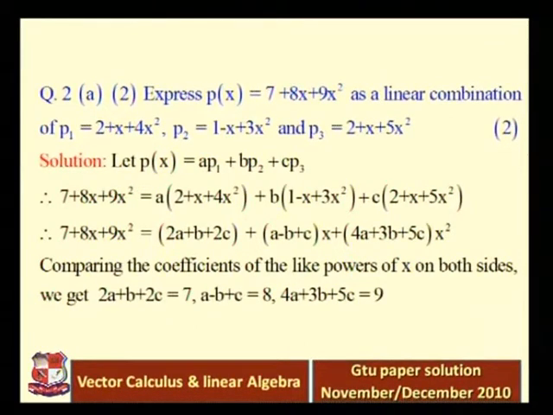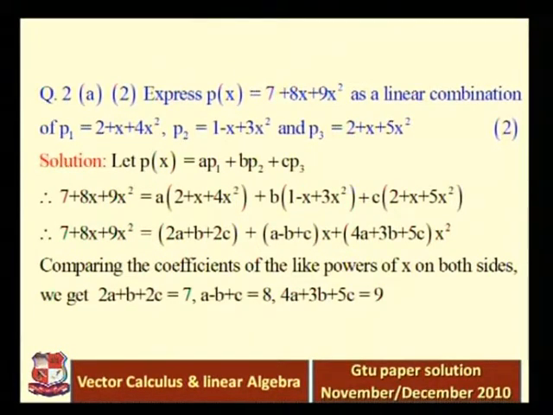So the left hand side is p(x), that is 7 plus 8x plus 9x square, which is equal to a into p1, that is a into (2 plus x plus 4x square), plus b into p2, that is b into (1 minus x plus 3x square), plus c into p3, that is c into (2 plus x plus 5x square).